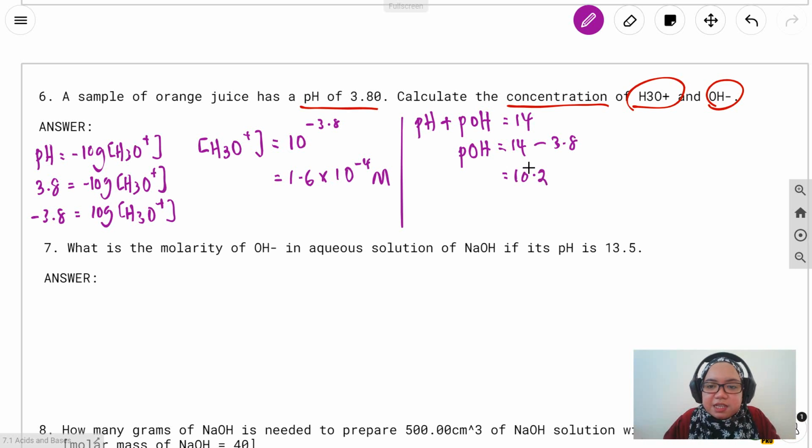So, can we find the concentration of OH minus now? Yes. We know pOH is equal to negative log OH minus.